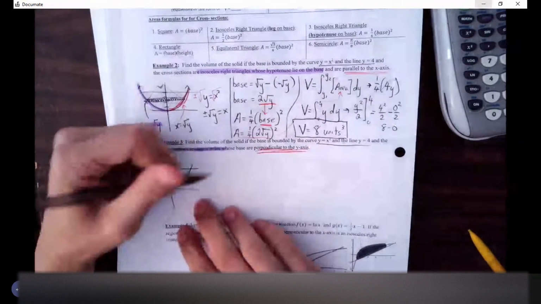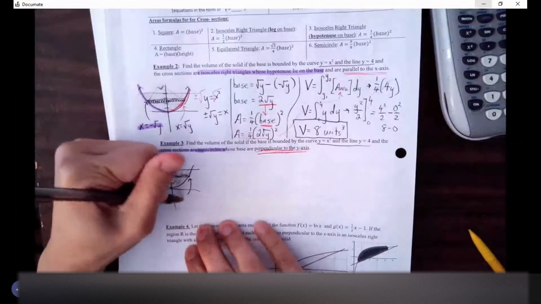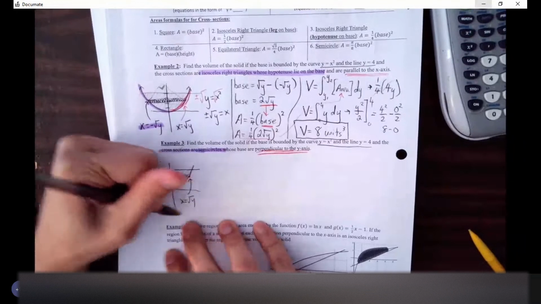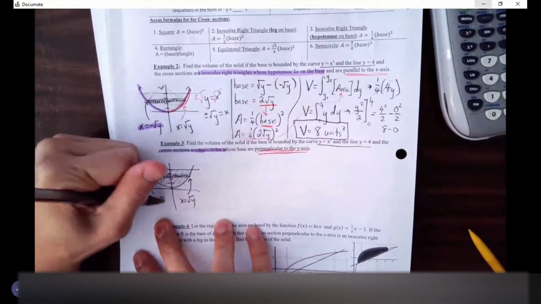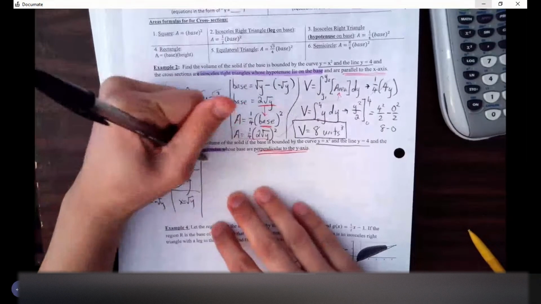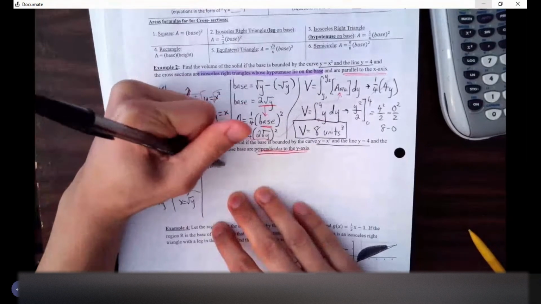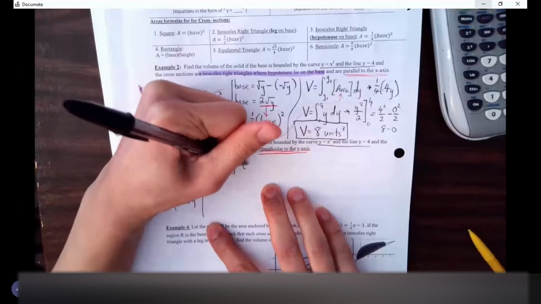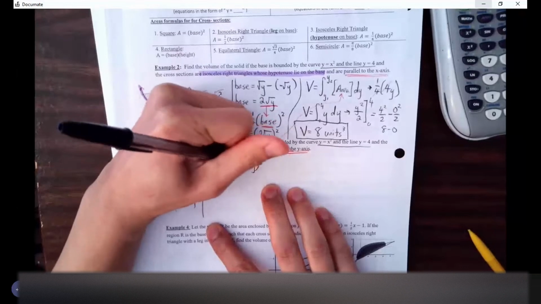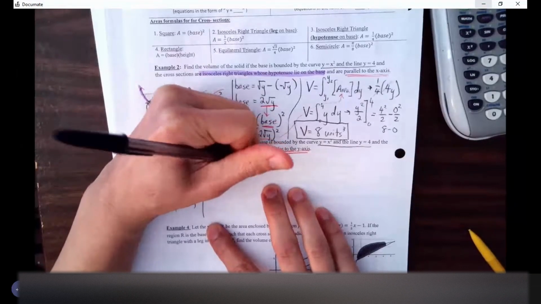So it's going to speed things up here. We know this is going to be x equals root y. Just like before, this is x equals negative root y. Okay, right minus left, minus parentheses. We know it's going to be 2 root y.